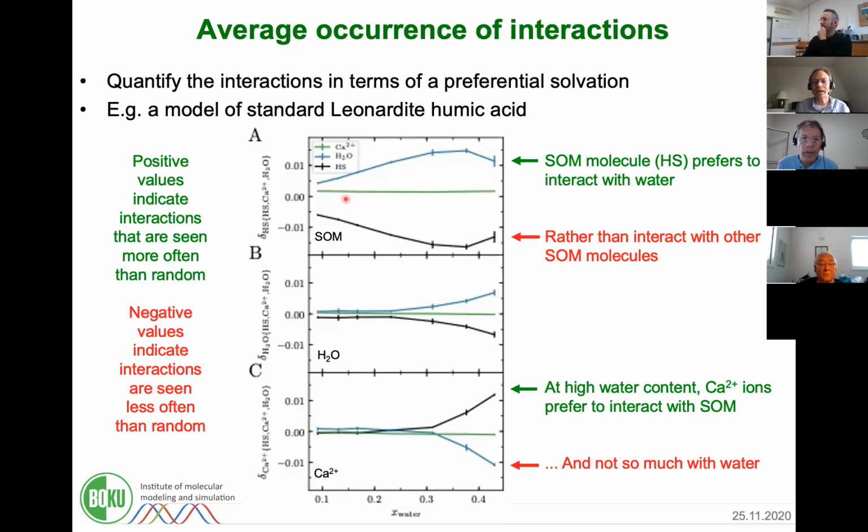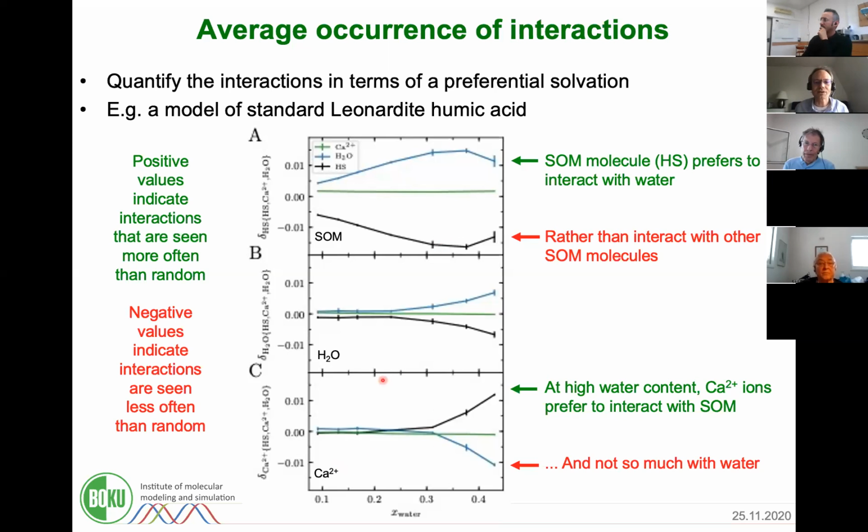So we see more interactions than you would expect just from a homogeneous mixture. So the organic matter at a high water content likes to be surrounded by water, but does not like to be surrounded by other organic molecules so much. So the organic matter prefers to be solvated over interacting with itself if there is enough water present.